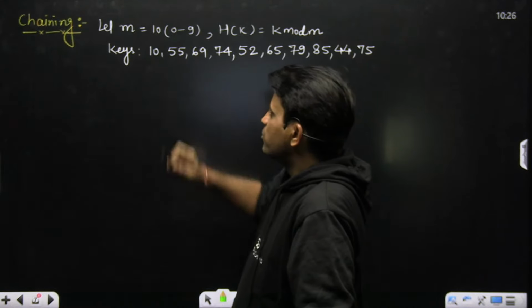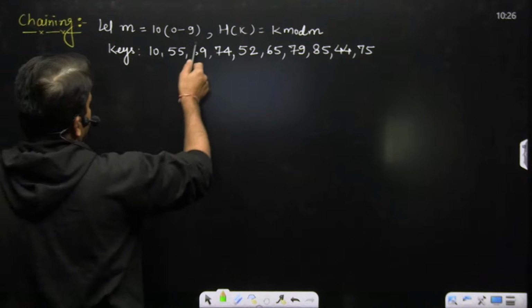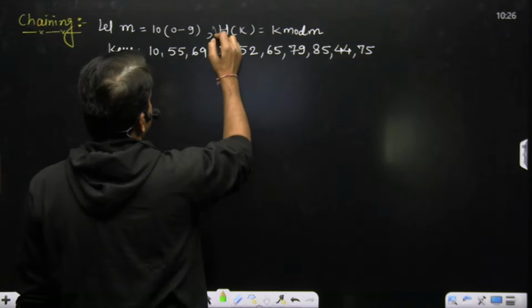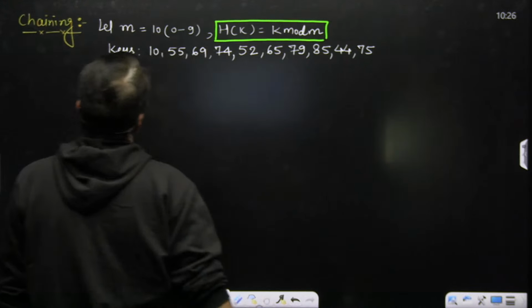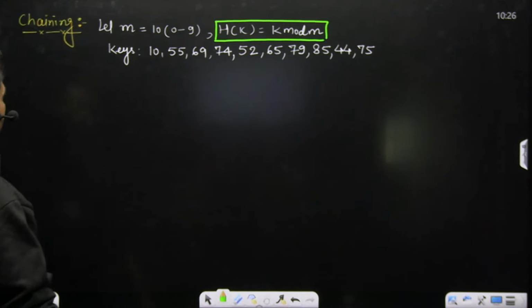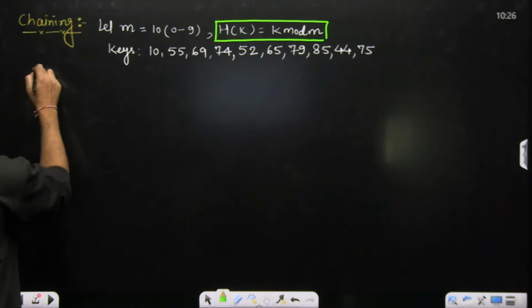So let m equal the size of the hash table, which is 10, given. Size of hash table 10 is given, right? And this hash function is given, and these are the keys. Okay. So how can we store this data in chaining, student? In chaining, first create the hash table.